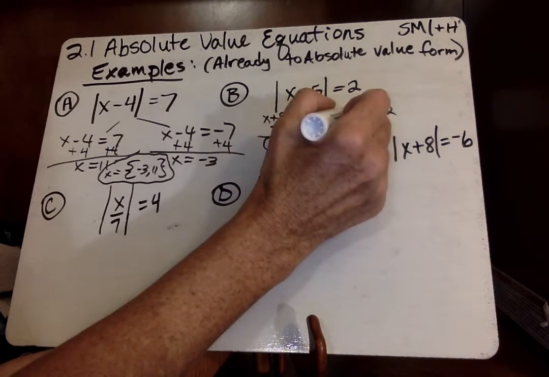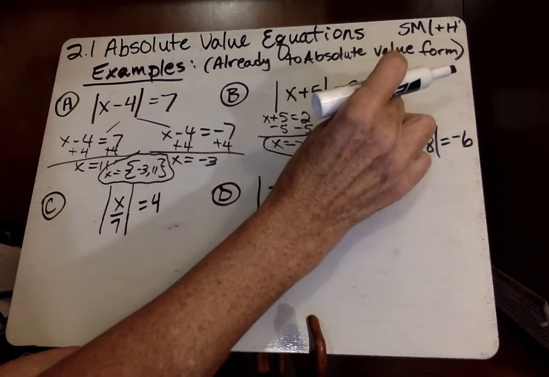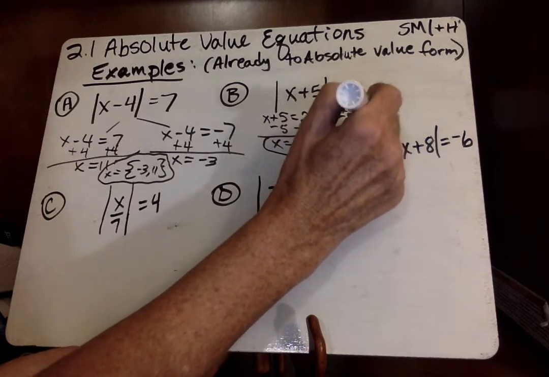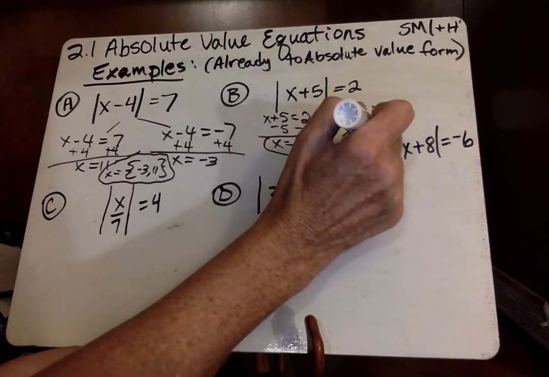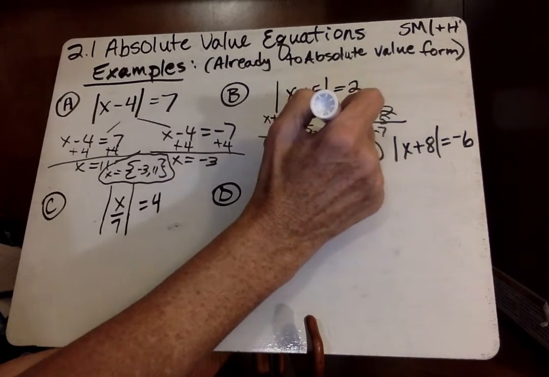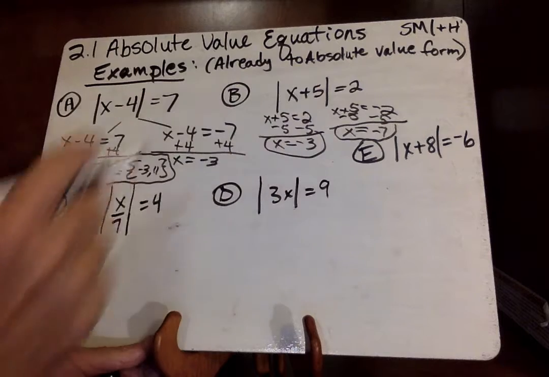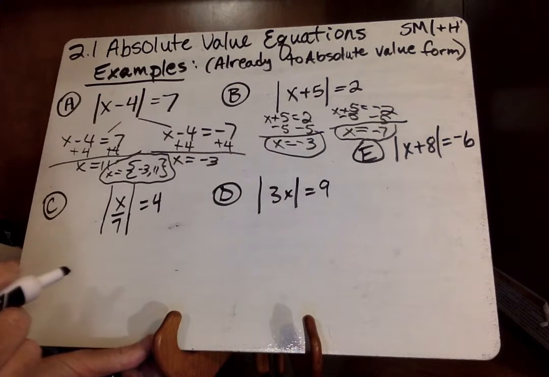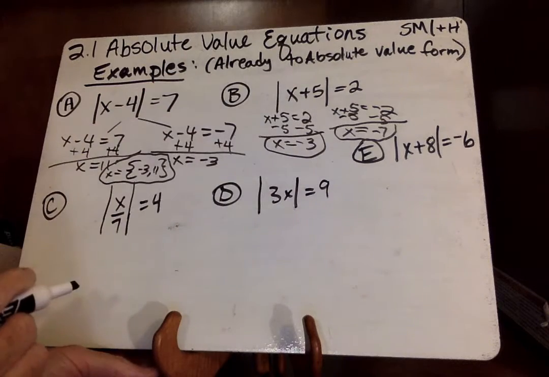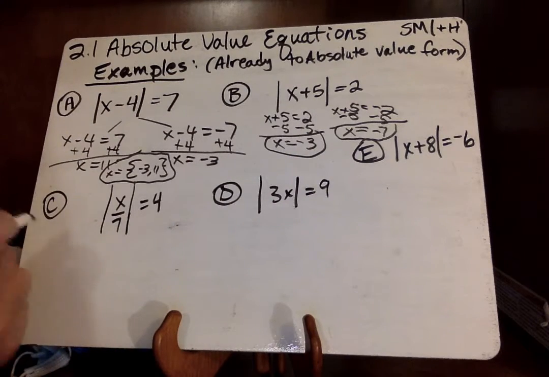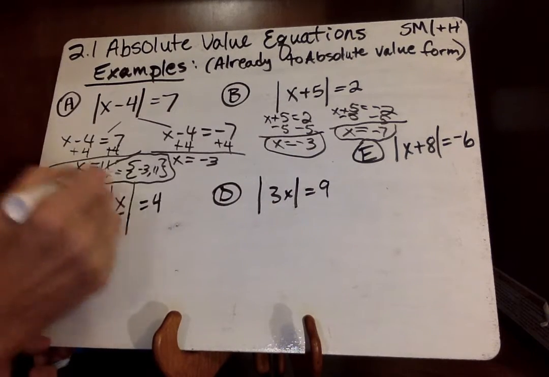Over here we go minus 5, and that's minus 5. So x equals negative 7. Sorry for my bad handwriting. And then if we wanted to put it back in there, we can make sure that we get 2 out and check ourselves.